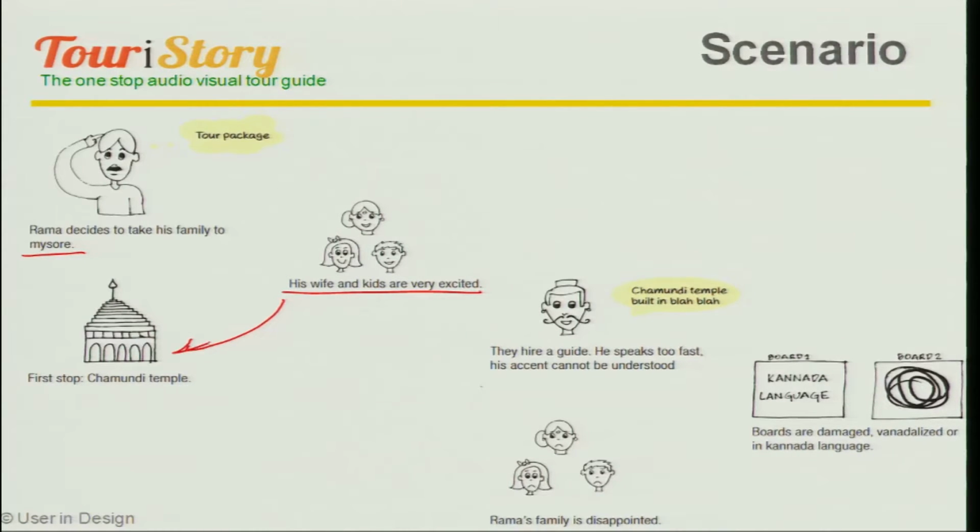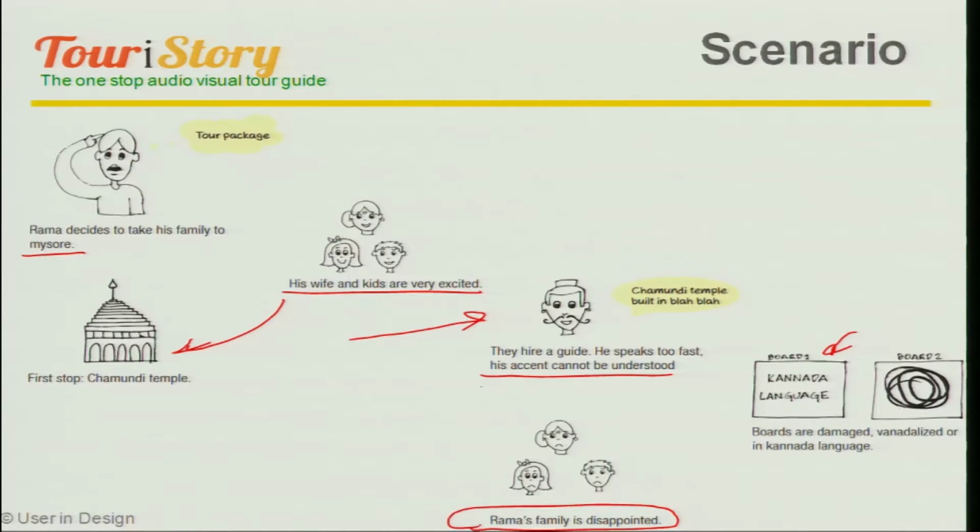The first stop they go to is Chamundi temple, and then they hire a guide. And this guide is talking about Chamundi temple built in blah, blah, blah. Very boring, right? He speaks too fast, his accent cannot be understood. The first board is in Kannada, the second board has been vandalized and it's not even legible properly. What happens?